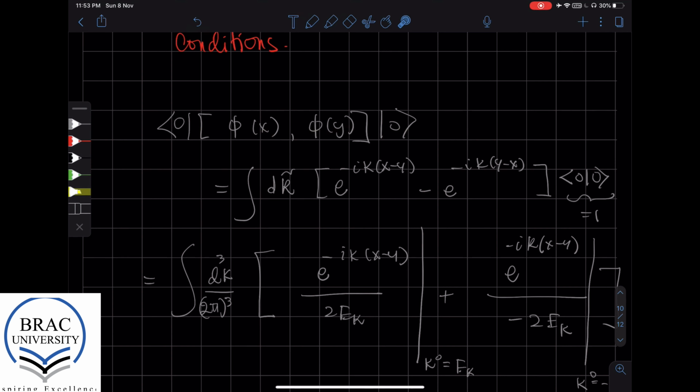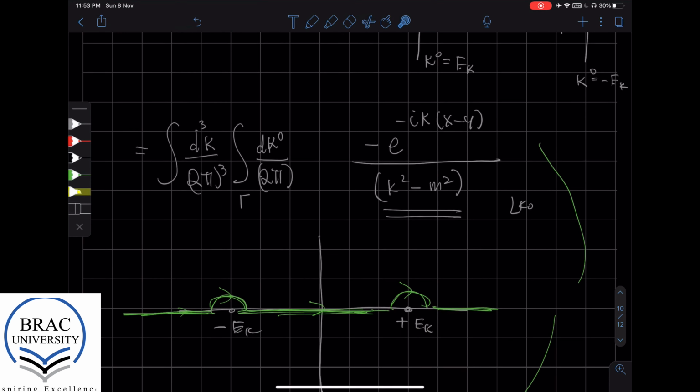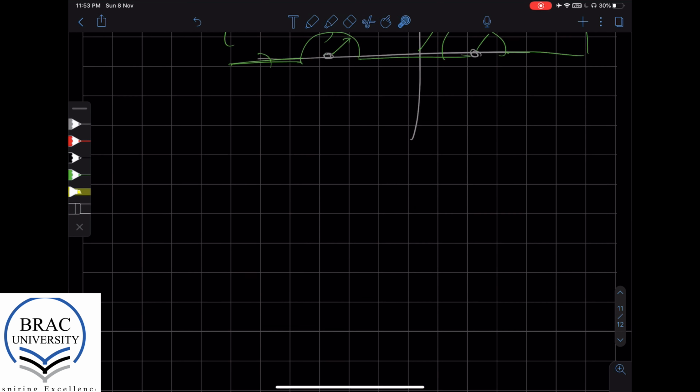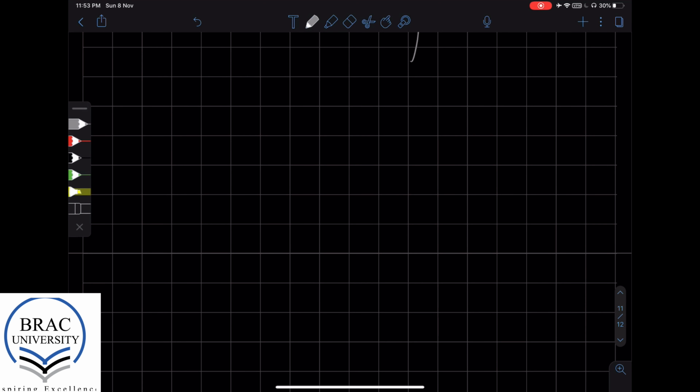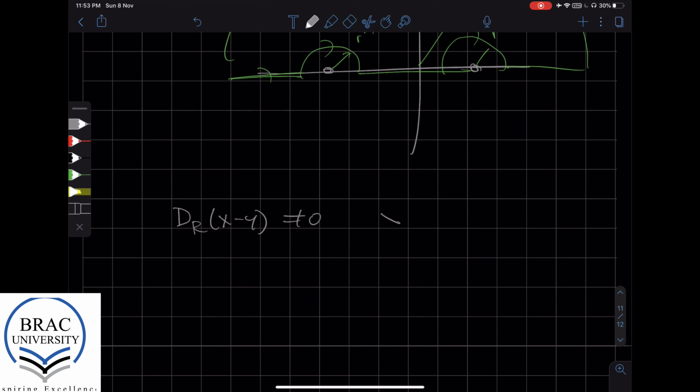which is exactly the boundary condition that we expect. So basically what we are doing here is choosing the contour in such a way that the function, let me call this function D_R, is non-zero when x is in the future of y, and it is 0 when x is in the past of y.